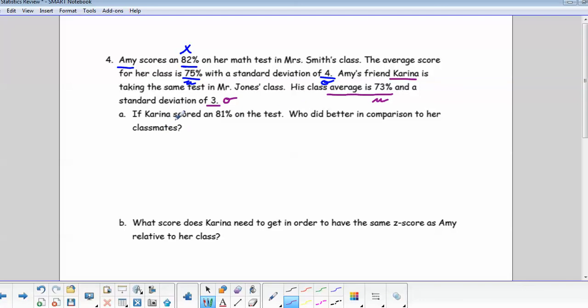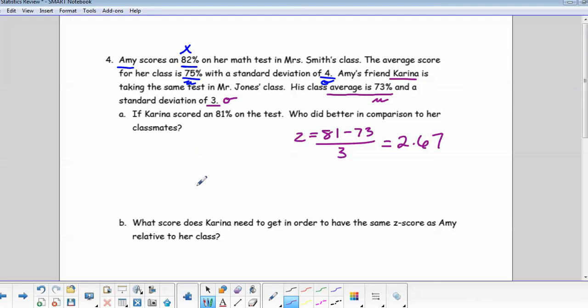All right, so we're going to find the z-score for each one. I'm going to start with the second one because I have the purple marker out. So z is going to equal Karina's score, so 81, minus the average, 73, over the standard deviation. And that's going to give us 2.67.